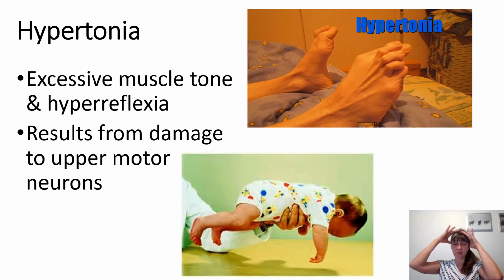Damage to the upper motor neurons usually occurs when there is some kind of hypoxia during the birthing process, where maybe the cord is wrapped around the neck and the brain can't get oxygen correctly. Cerebral palsy is a good example of upper motor neuron lesions that result from hypoxia to the brain, where it damages those upper motor neurons.